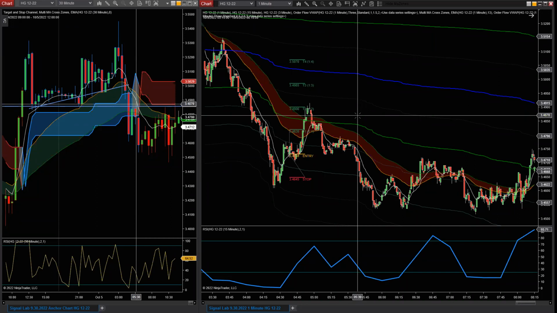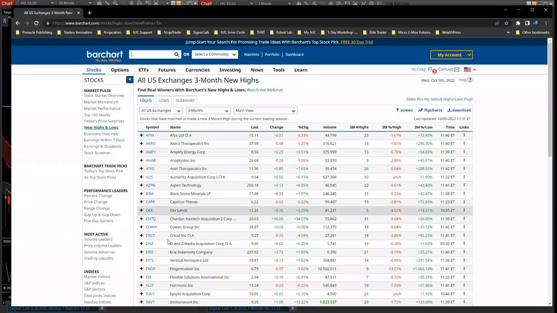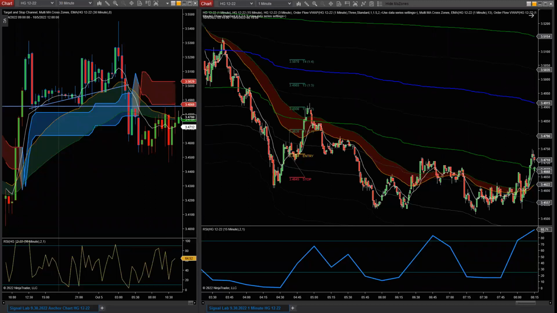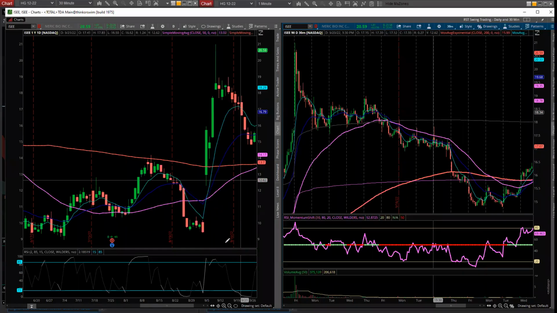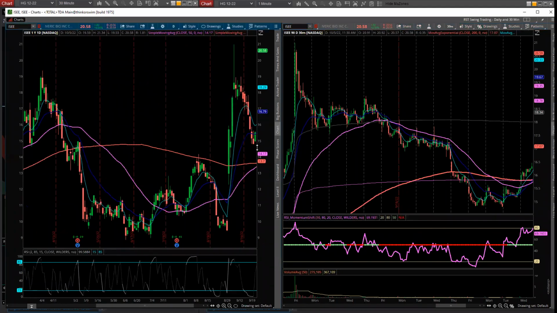So I do some swing trading here and there on stocks, and I'm very picky. I'll find stocks that are outperforming, like looking at 3-month, 6-month new highs, and then find something that is just starting the trend.